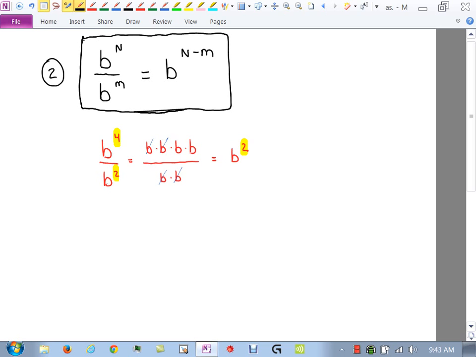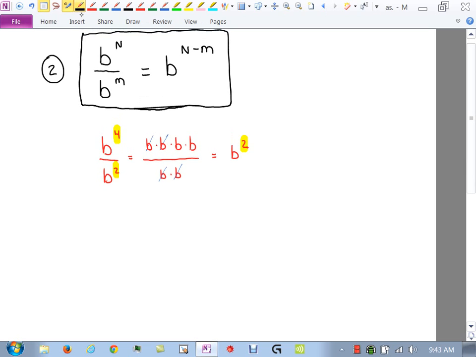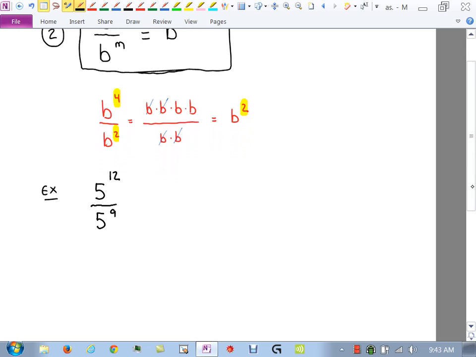Questions? I'll leave that up there and I'll give you an example underneath here. What would 5 to the 12th over 5 to the 9th be? Well, we do have the same base, don't we? 5 and 5. The exponent on the top one is 12, the one on the bottom is 9.